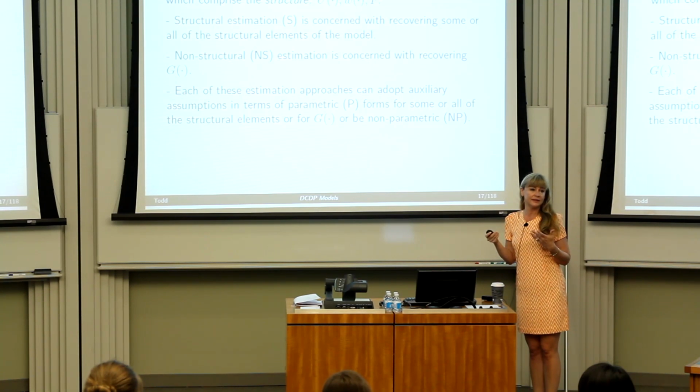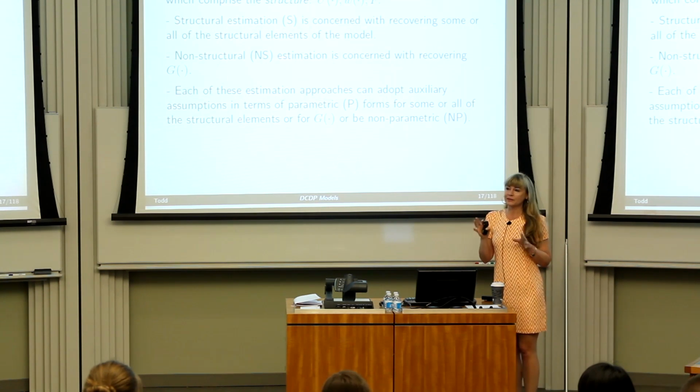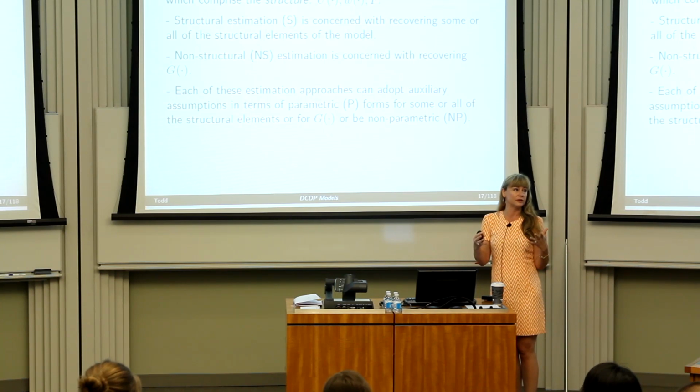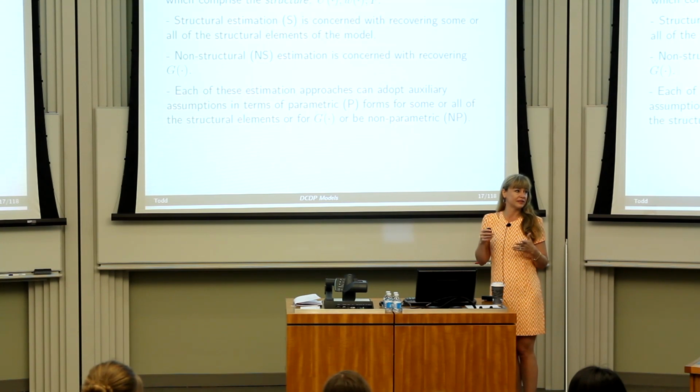So if you wanted to estimate this model structurally, there are actually a couple different ways people use the term structural estimation. This is one definition, that it refers to the structural elements like the utility function, production function. Some people also use it to mean anything that's policy invariant, which is a more relaxed definition. So you might see it in that context.